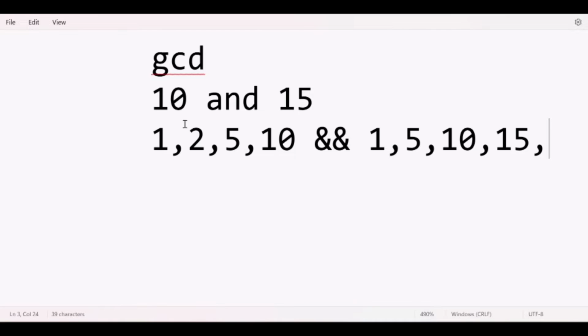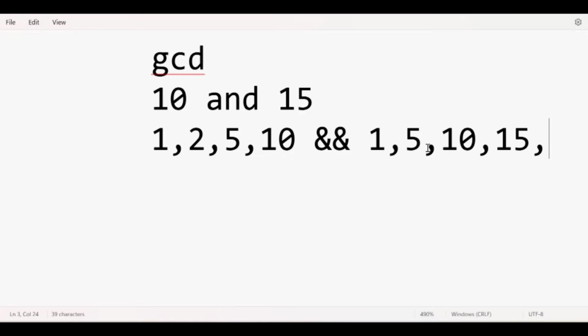So see, do we have to check from 1 to 10, or 1 to 15? No, right? Because we need fewer iterations, for that purpose we are taking 1 to 10. The greatest common divisor can never be greater than the smaller number.